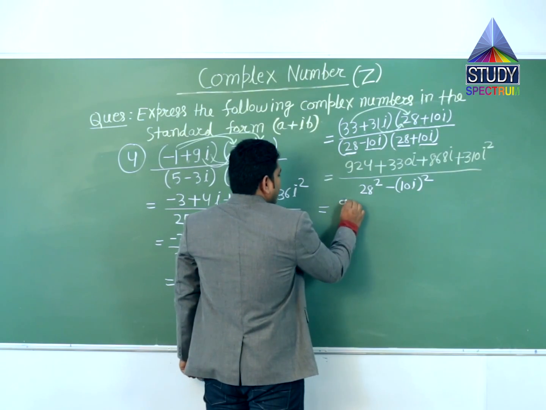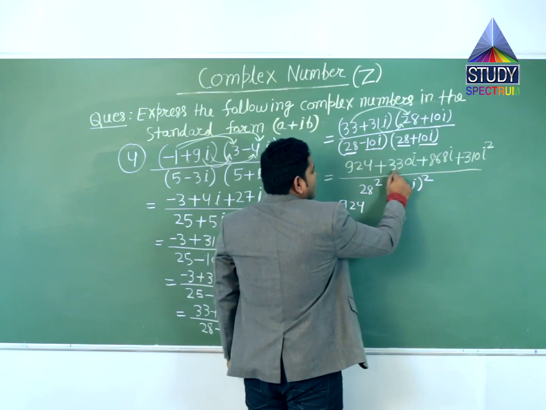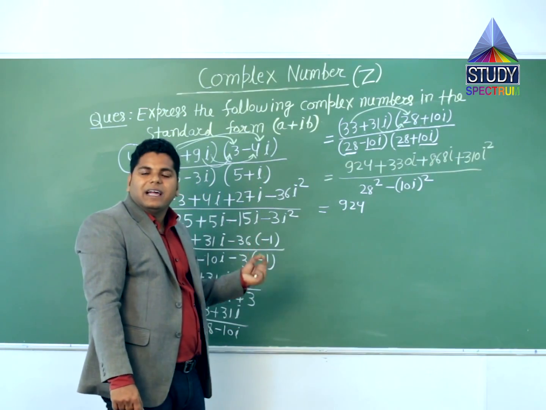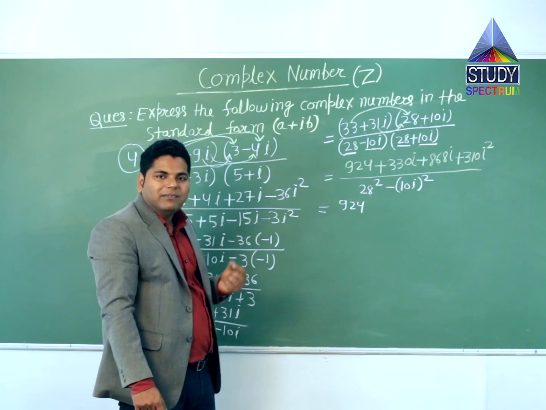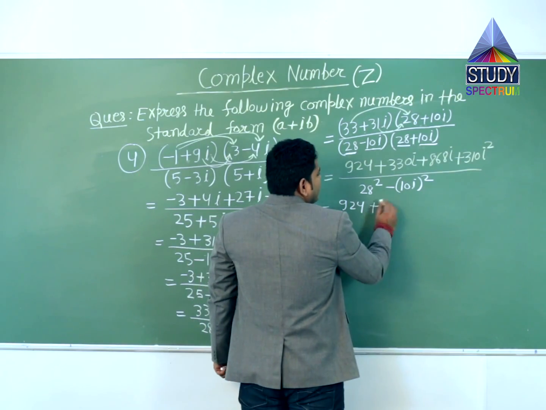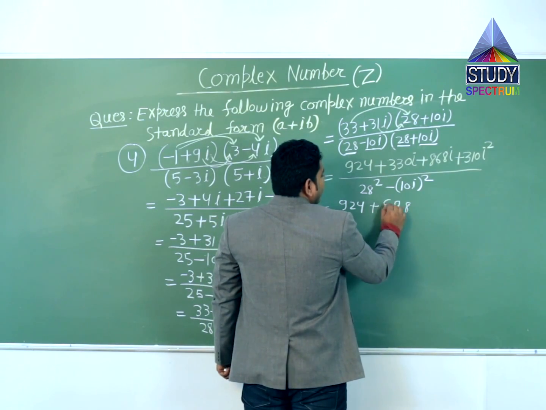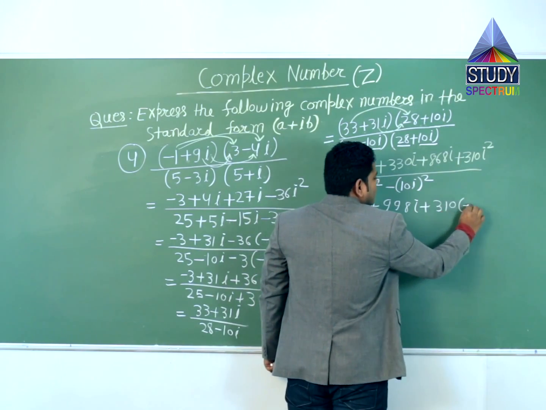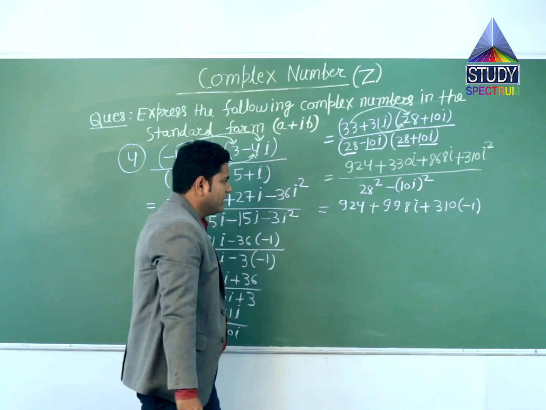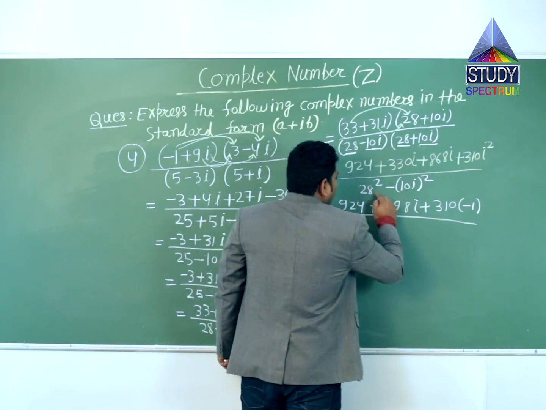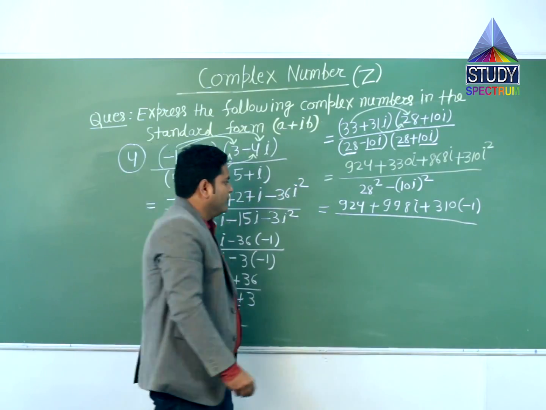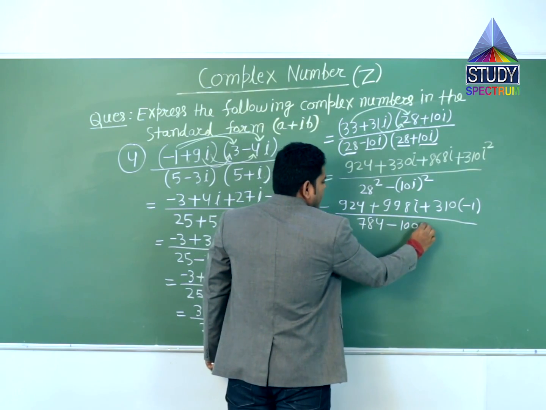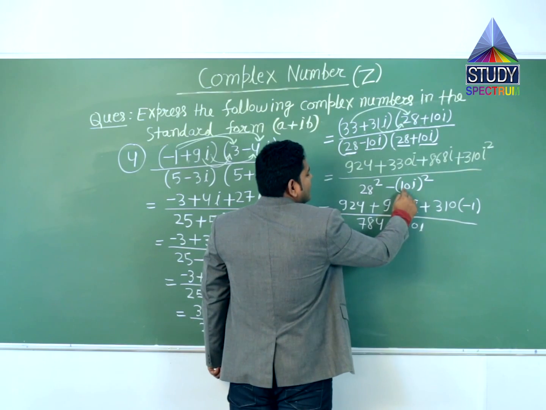So 924, 330i plus 868i. Both have the same signs, so we'll add and we'll put a plus sign because both have plus sign. So it will be 1198i plus 310 i square, where i square is minus 1. Okay. Divided by 28 square is 784 minus 100. 10i square means 10i into 10i.